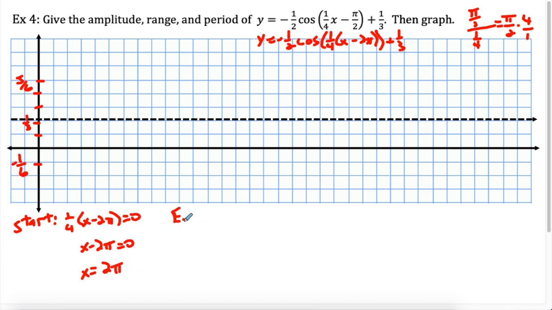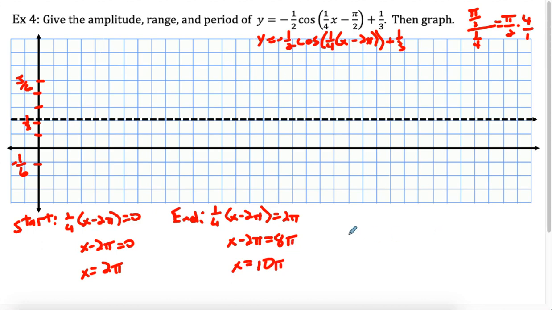Then my ending value would be 1/4 times x minus 2 pi equals 2 pi. Multiplying both sides by 4, I'll get x minus 2 pi equals 8 pi. Add 2 pi over, and we'll get my ending value is 10 pi.